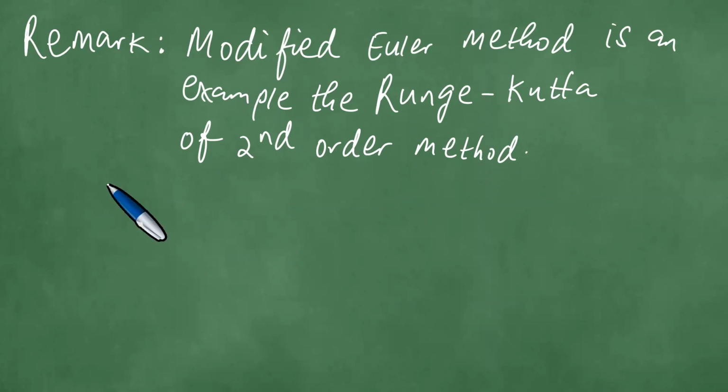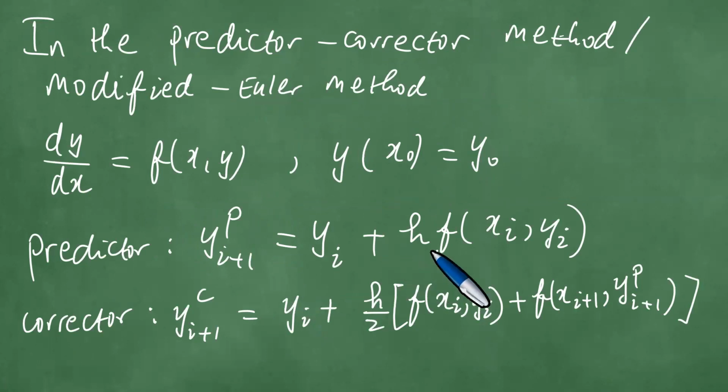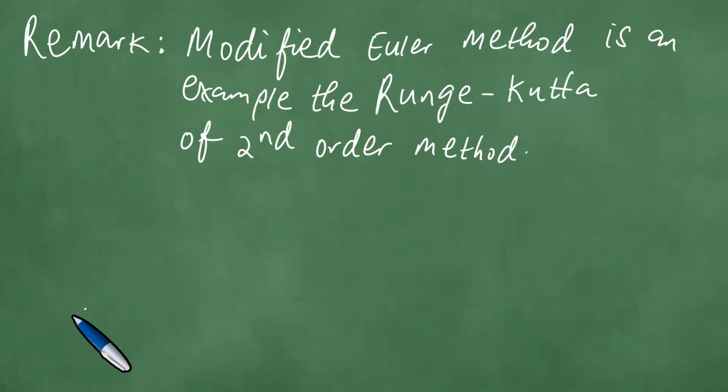So the first two orders are Euler, which is order one, and the modified Euler. Obviously we're going to look at examples. I'm just stating the formulas here in the form we're going to use today. But if one speaks of the modified Euler, it's just a Runge-Kutta of second order method.